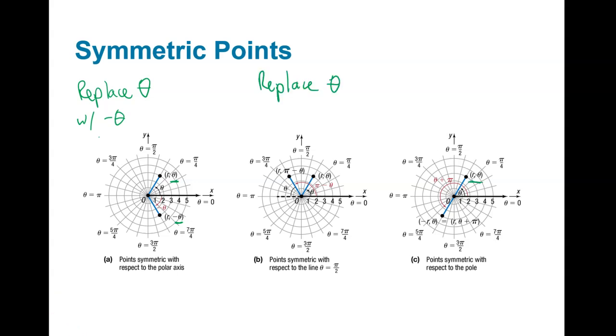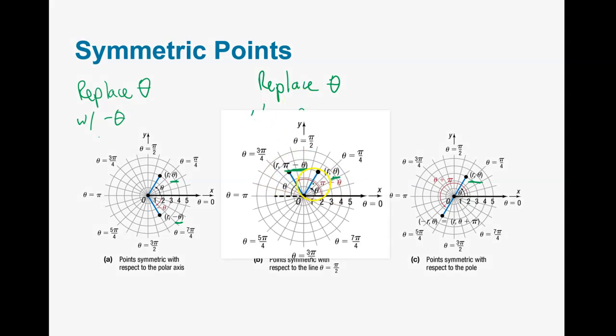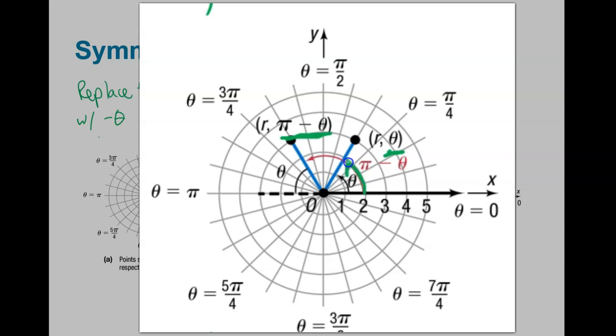All right, when we check for y-axis symmetry, or the line theta equals pi over 2, we replace theta with pi minus theta. Basically we're rotating this way, theta. Pi would be going all the way to here and then rotating back, minus theta, going back in the other direction.